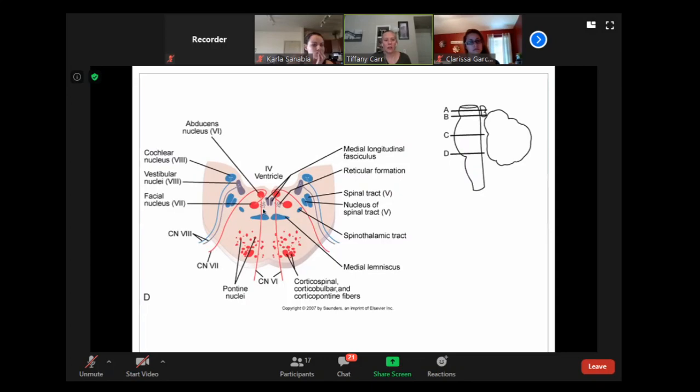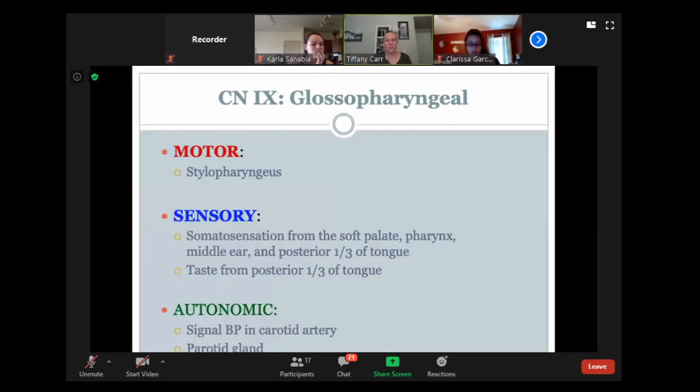The abducens, absolutely the most medial here. I don't know that she'll ask that question, but it's worth noting, kind of those things. And then the spinal tract, as it would have traveled down to this point, it would be in the decussate there. So those are the different cranial nerves that he was pointing out.